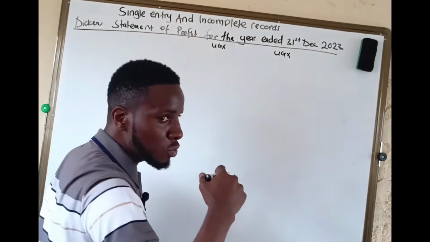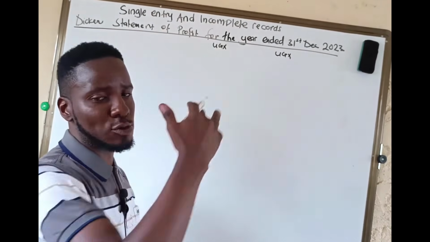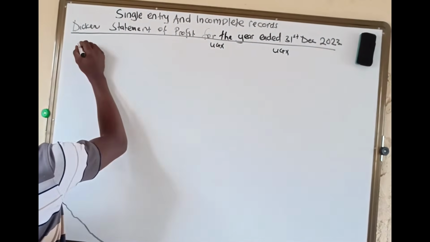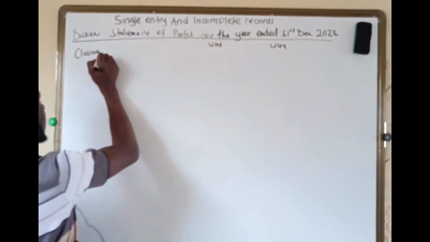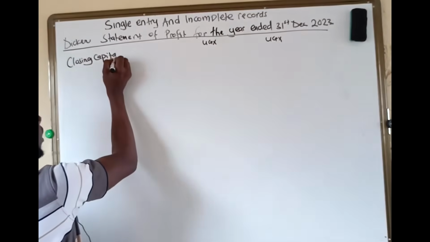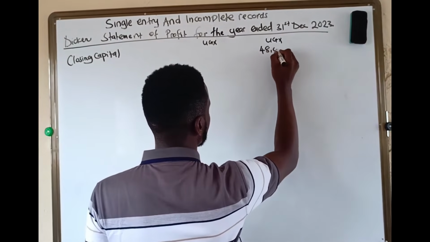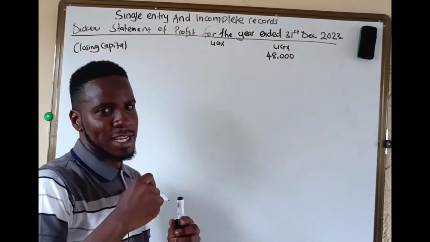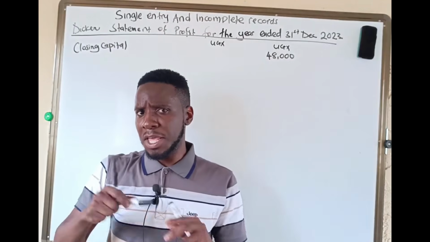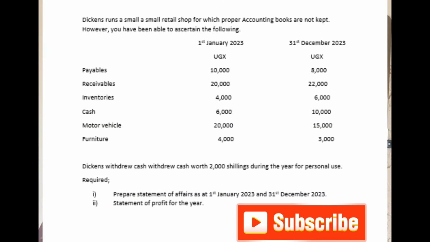Like I told you in our format, this is what we are going to follow. So we shall bring here our closing capital, which was worth 48,000. That's it. But remember, now, in the question, when you look closely, they tell you that Dickens withdrew cash worth 2,000 during the year for personal use.